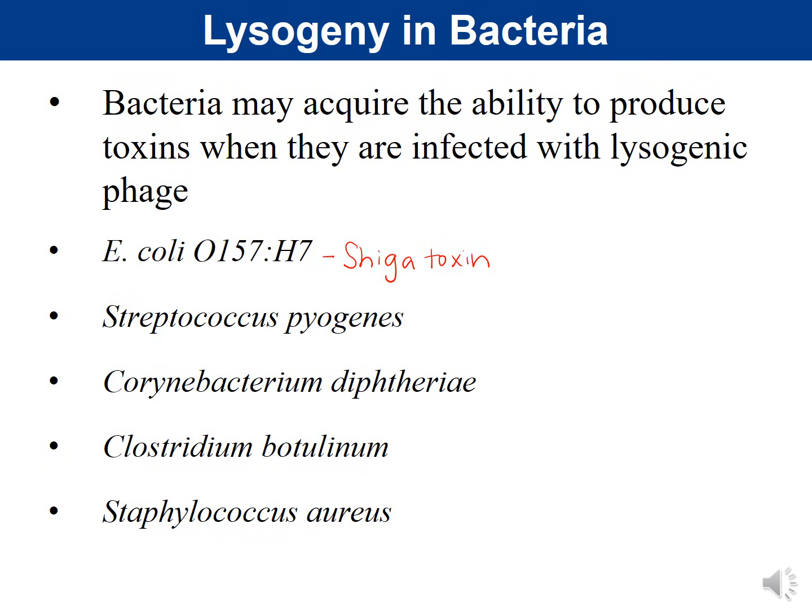For Streptococcus pyogenes, it can produce an erythrogenic toxin. And if it produces this toxin, that can lead to scarlet fever or toxic shock syndrome. Corynebacterium diphtheriae can produce diphtheria toxin.